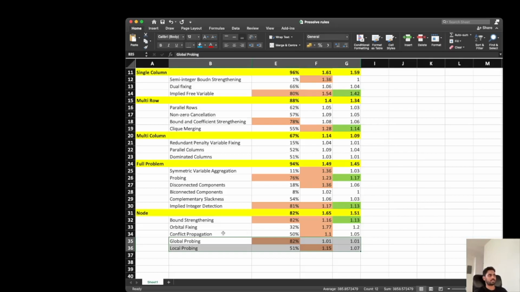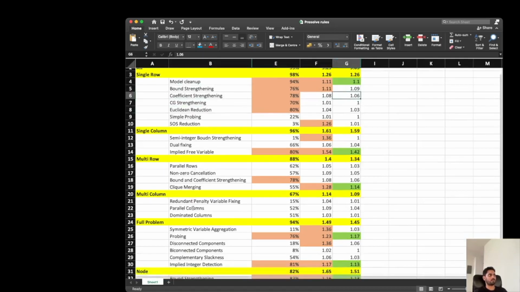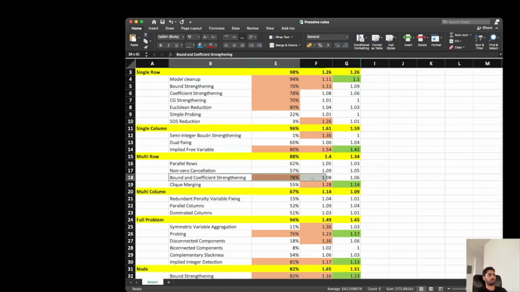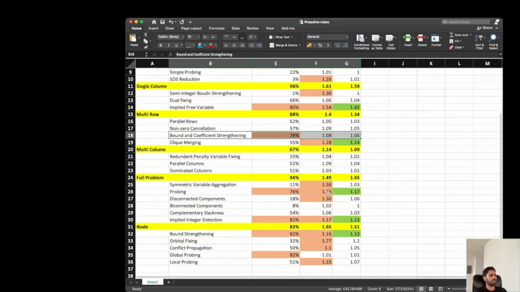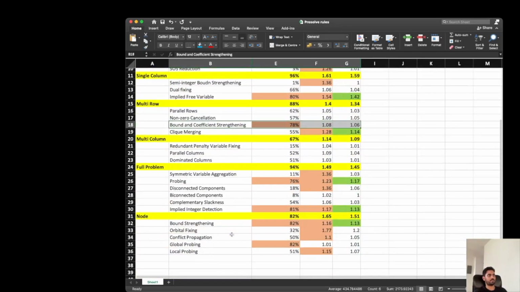That's another interesting thing to notice. The bound strengthening at the node level is far more effectful than bound strengthening at the single row level or at the multi-row level. So these are the set of interesting Presolve rules.